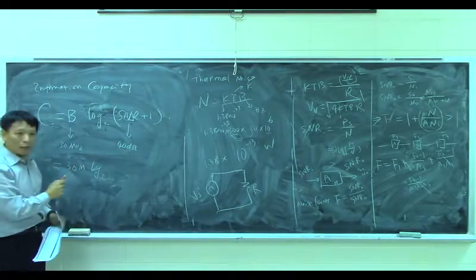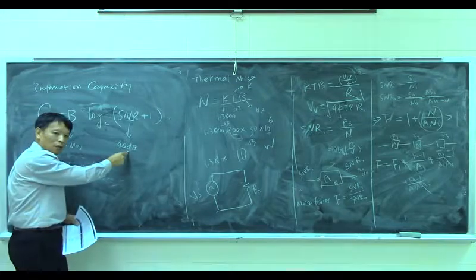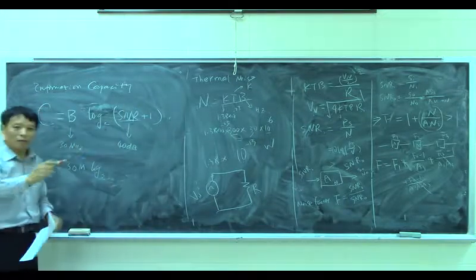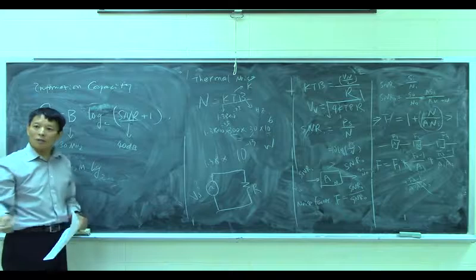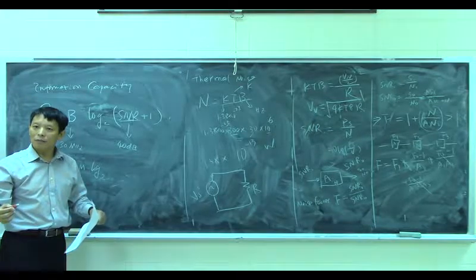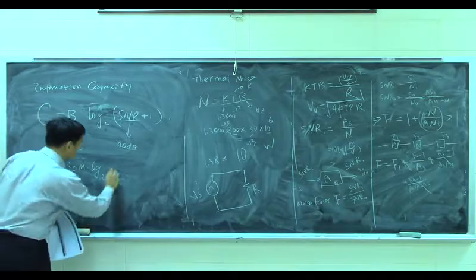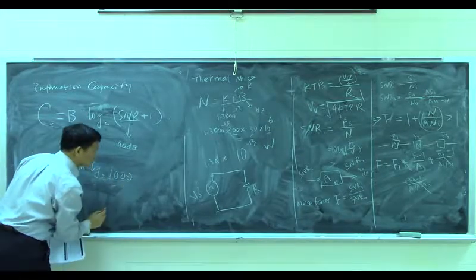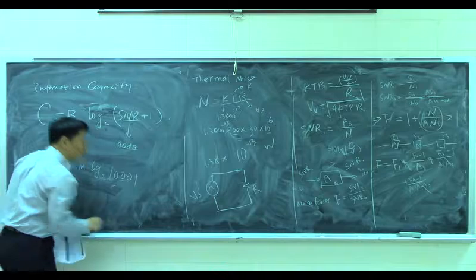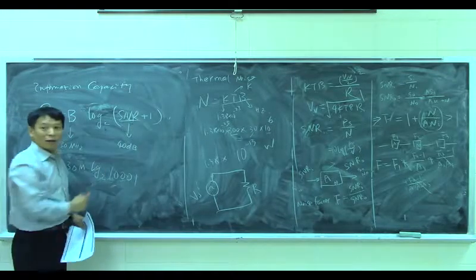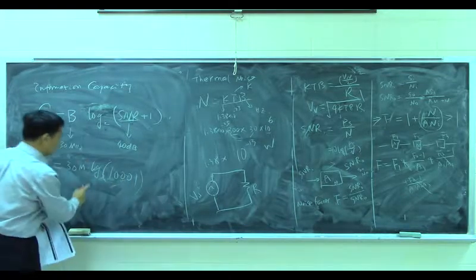We cannot use dB, we need to use the absolute value. 40 dB equals 10,000, so 10,000 plus 1. You take the log of this.